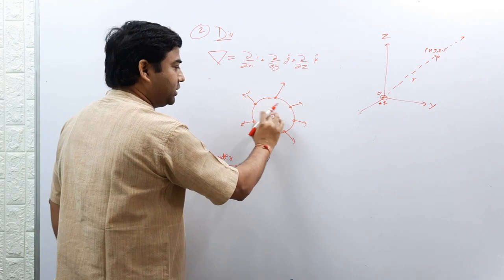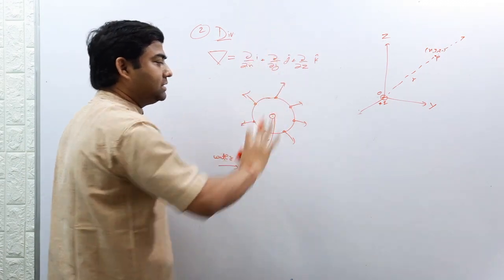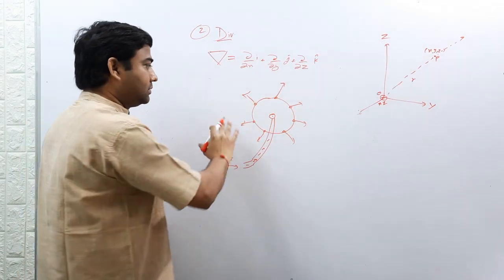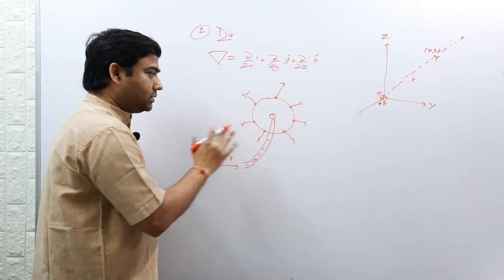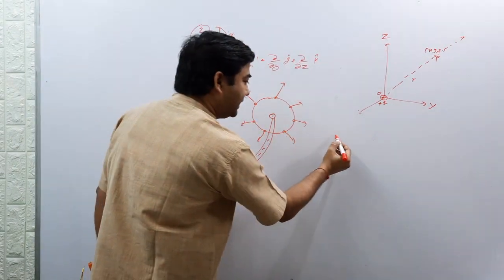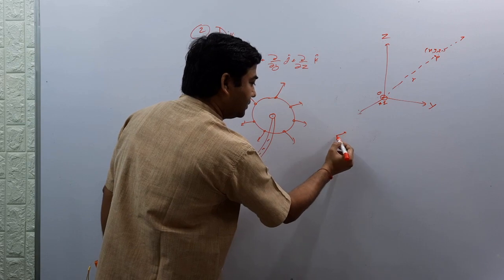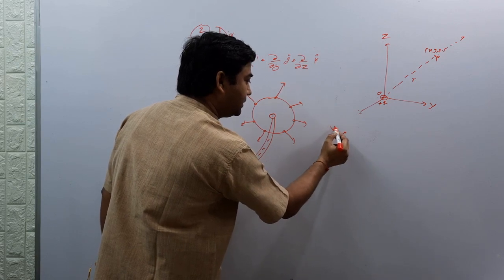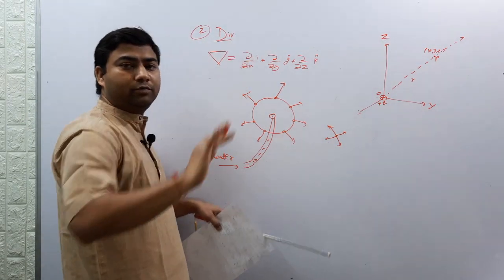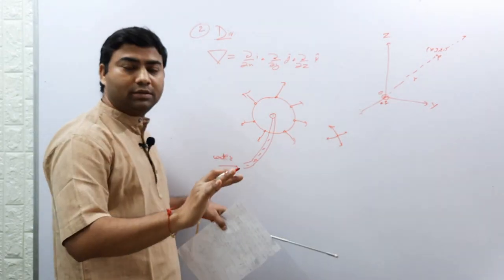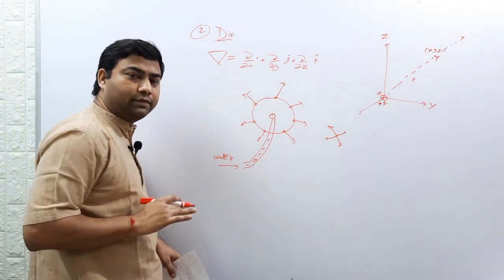So at this point divergence is positive. Just remember, when at a point the vector function diverges outward from that point, then divergence is positive.